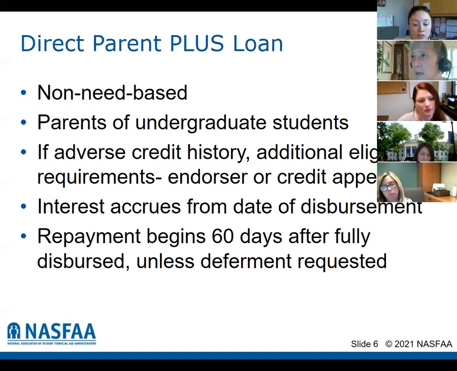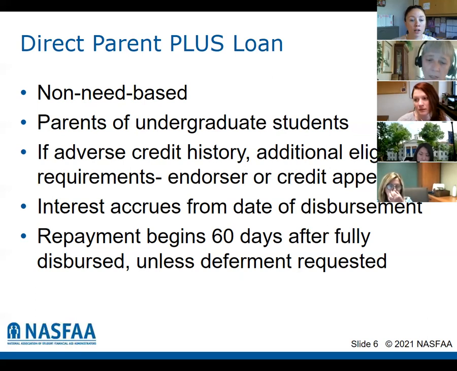The Parent PLUS loan does have a credit requirement. It's a very simple credit history check. When the parent requests a PLUS loan, it's really just checking to see if that borrower has really adverse credit history, things like foreclosures or defaults, things where the person is really far behind and in collections.